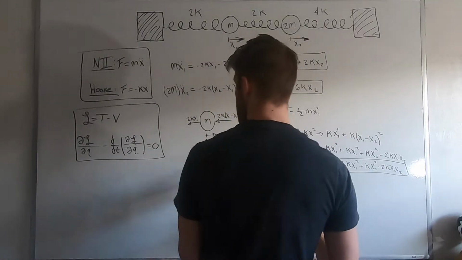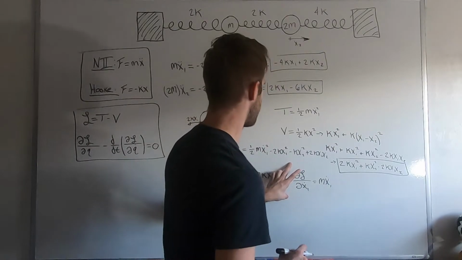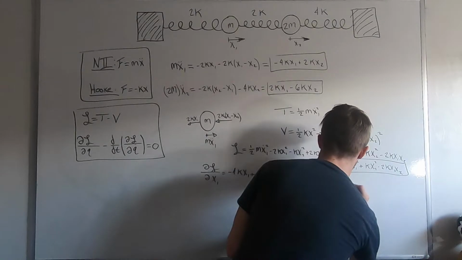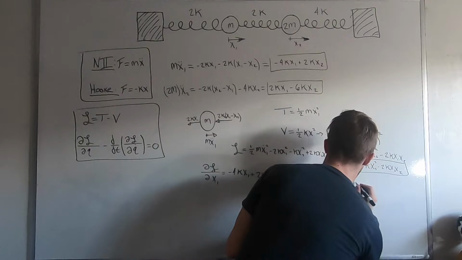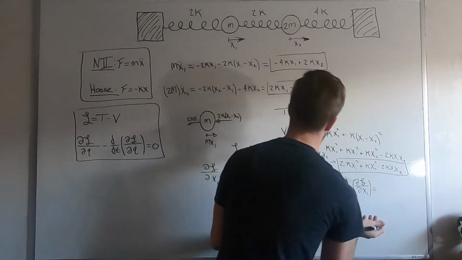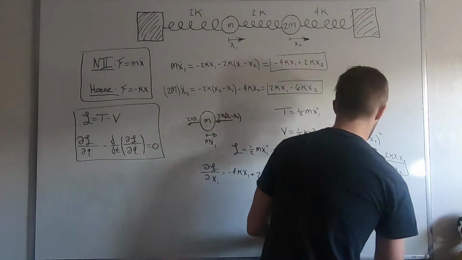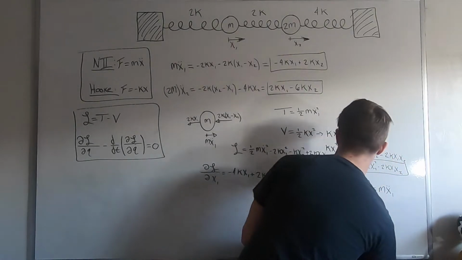Okay, so all we need to do now is differentiate this term with respect to time. So we're going to have d/dt of the differential of our Lagrangian with respect to x dot 1. And all that really is just mx1 double dot. So Newton's second law. So mx double dot sub 1.